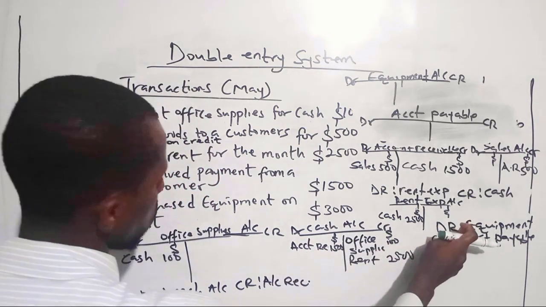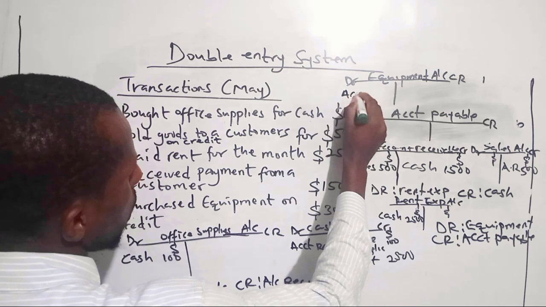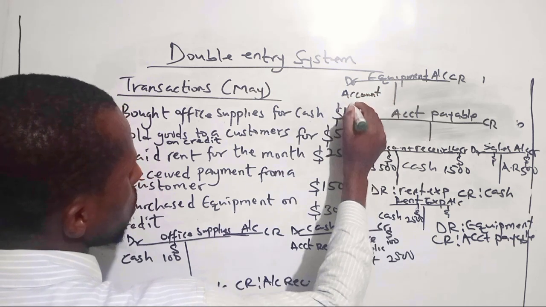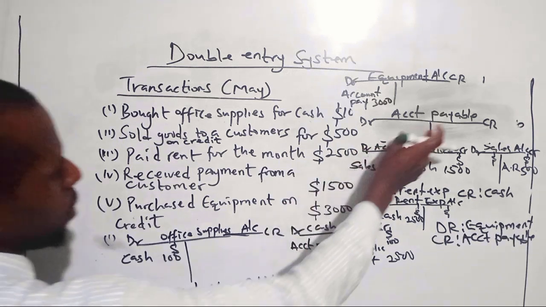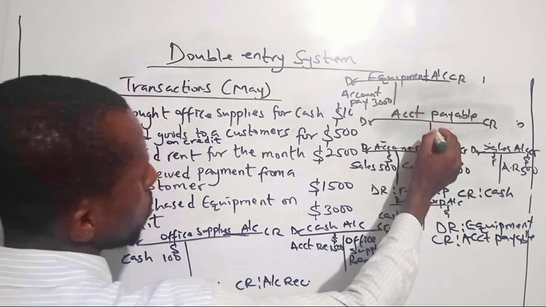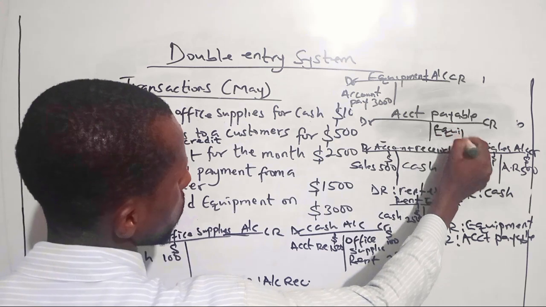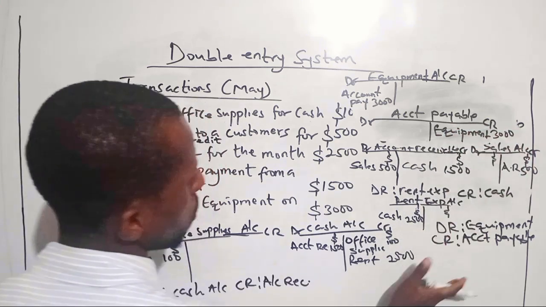We debit the equipment account with $3,000, and the corresponding credit comes to accounts payable, $3,000.